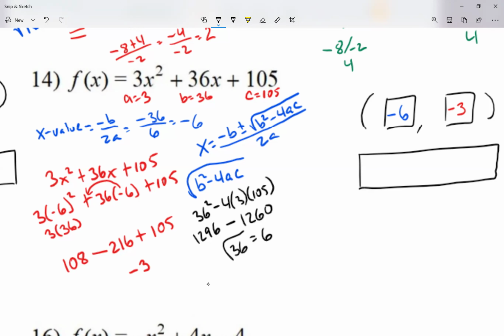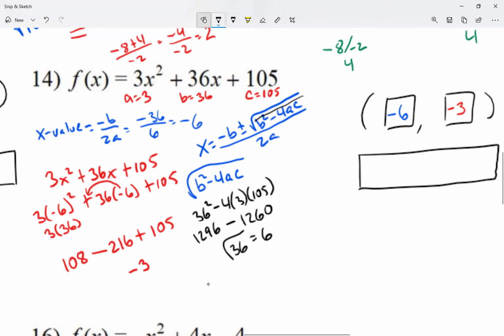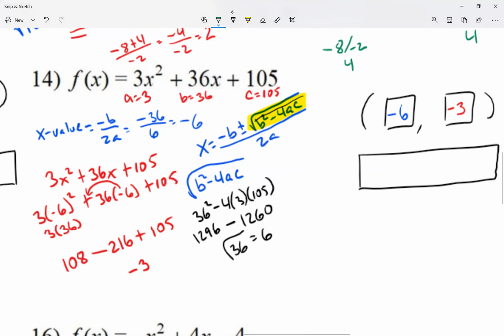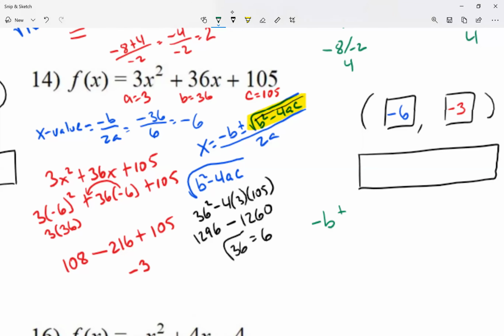Now, why is that important? Because that is this right here. So for me to find all of my answer here, let me switch this to dark green. So negative b, remember, it is negative b plus or minus the square root of b squared minus 4ac, all over 2 times a.